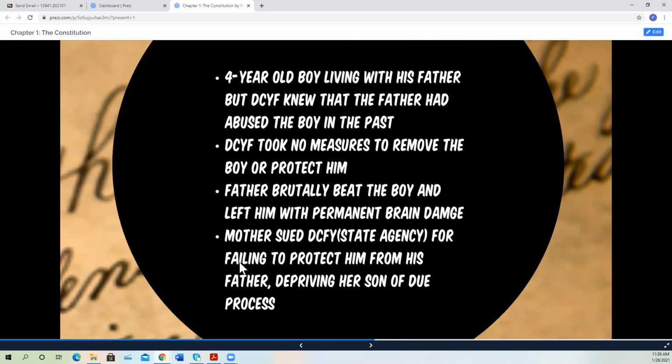His mother was claiming that under the 14th Amendment of due process, the state must protect him from his father because they knew that this was happening. They had prior knowledge that the father was beating the boy, and because they knew it, they failed to protect him. Therefore, they deprived their son of due process.